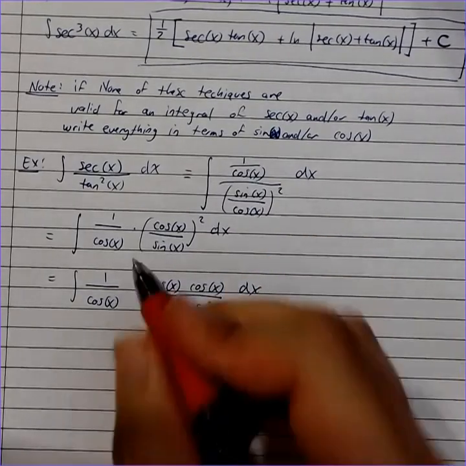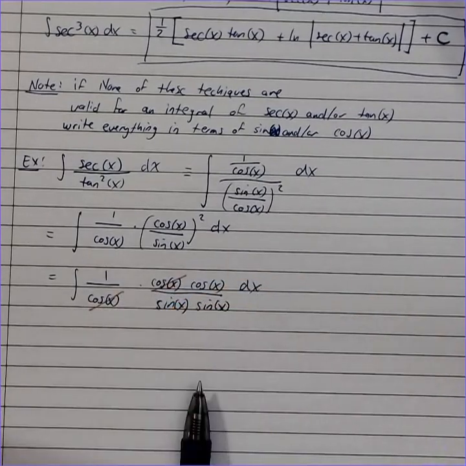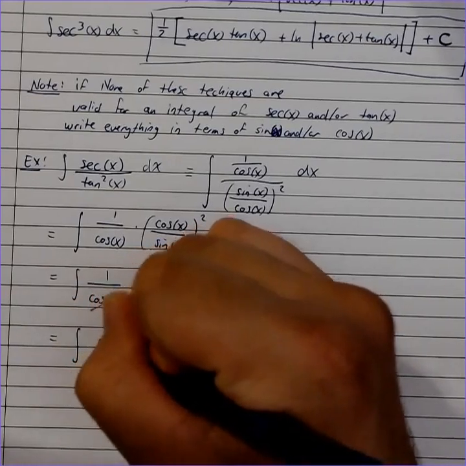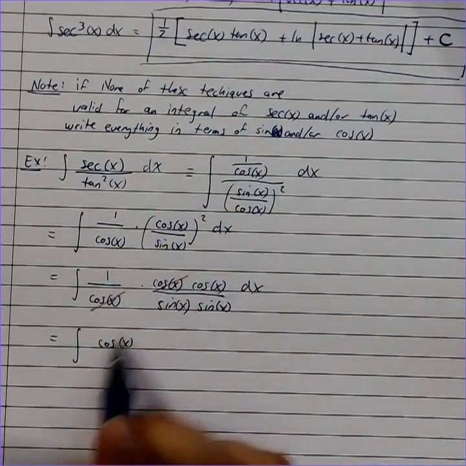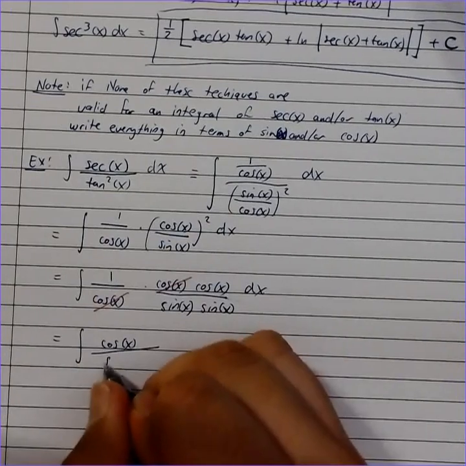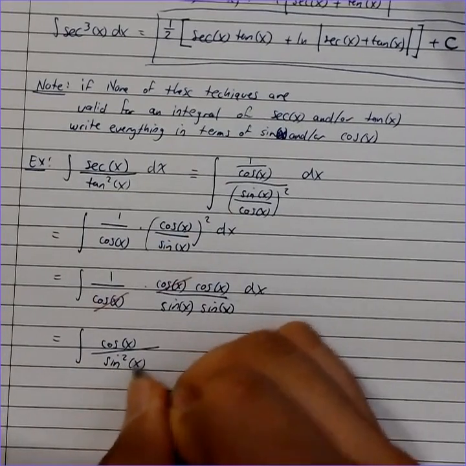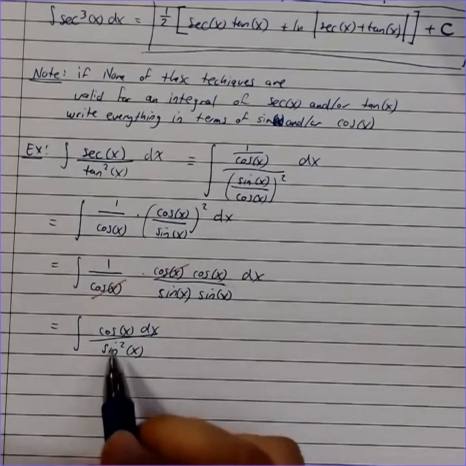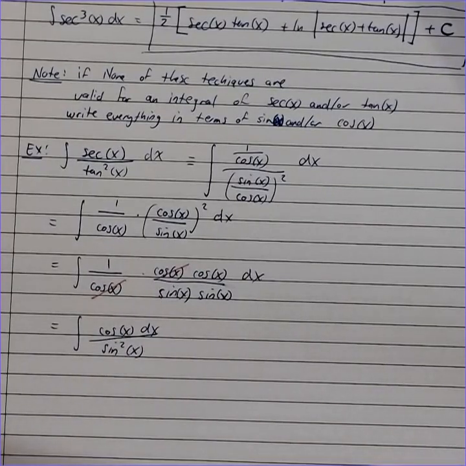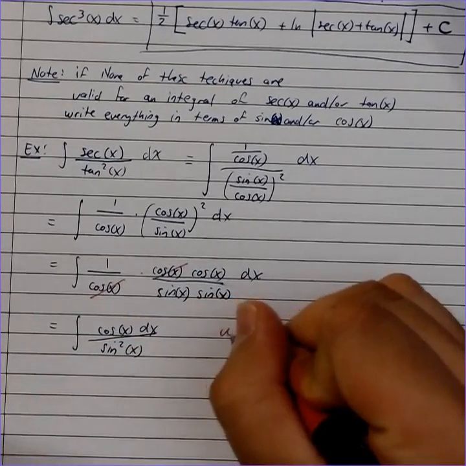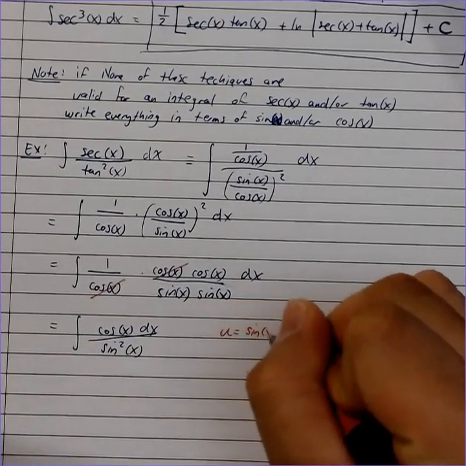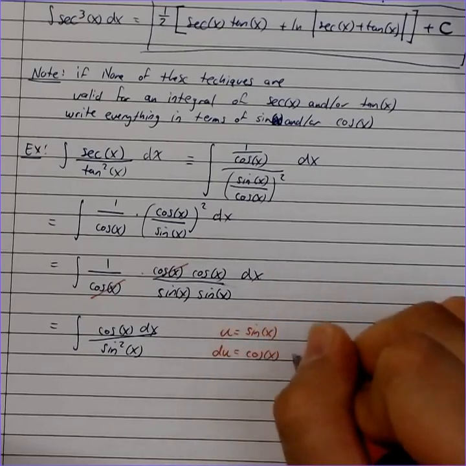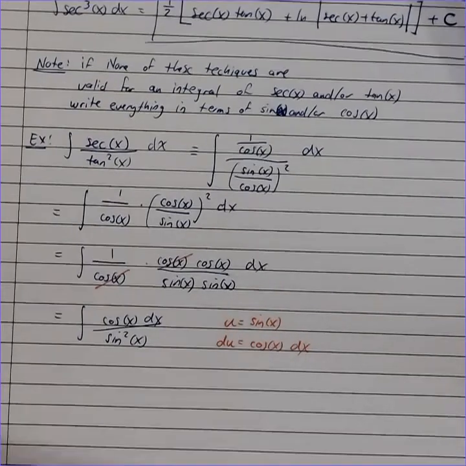And now cosine of x divides cosine of x, and we're left with a simpler expression of the integral of the cosine of x in the numerator, and our denominator will be sine squared of x dx. Note that the derivative of the sine of x is the cosine of x. So here, if I let u equal the sine of x, that means du is the cosine of x dx, which is what my numerator currently looks like.